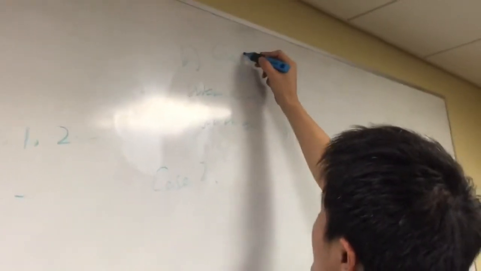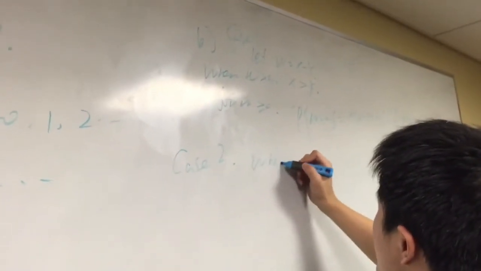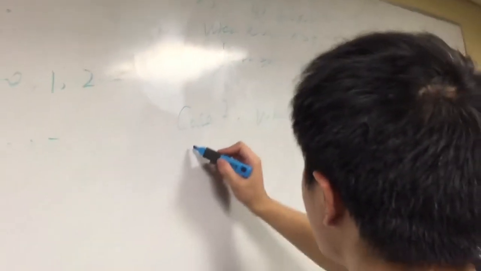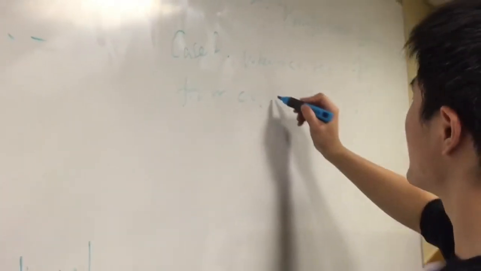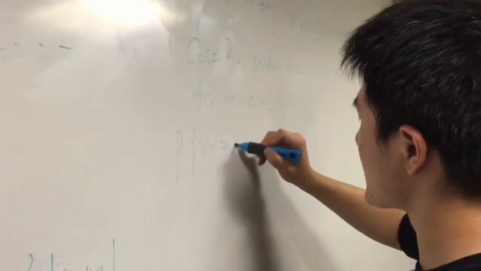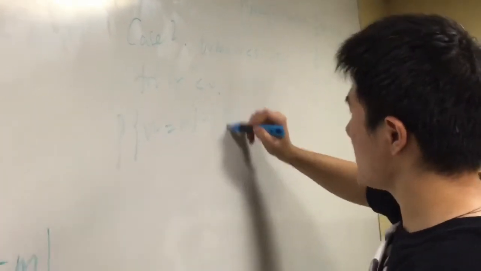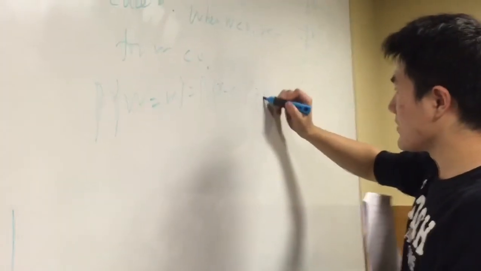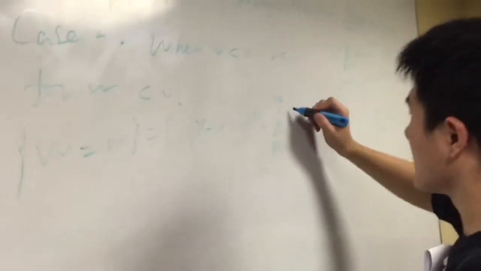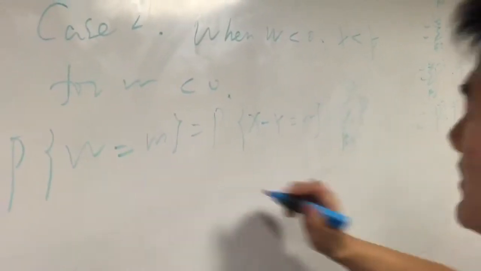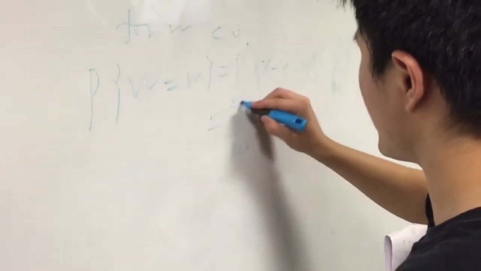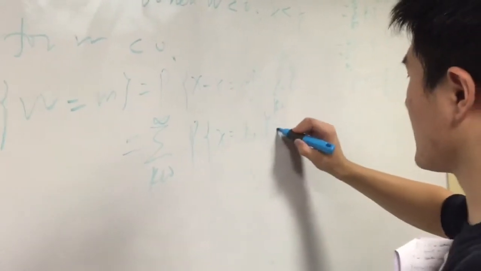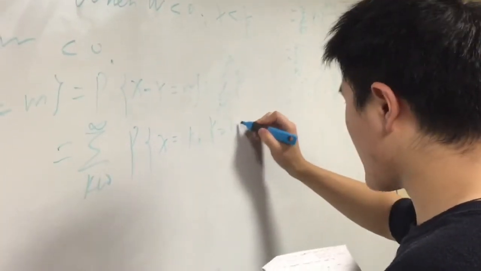This is case 1. Case 2: when W is smaller than 0, that is X smaller than Y, for m smaller than 0, we can get P(W = m) equals P(X minus Y = m), which equals the sum from k equals 0 to infinity of P(X = k, Y = k minus m).